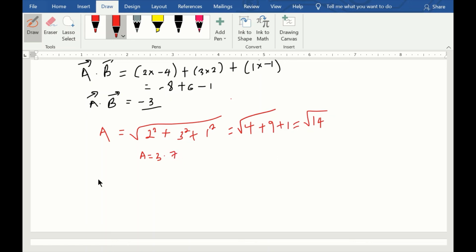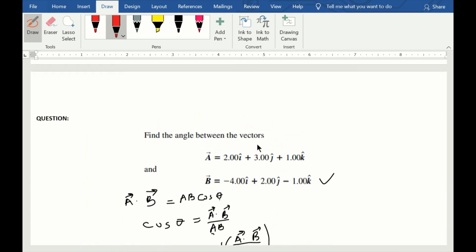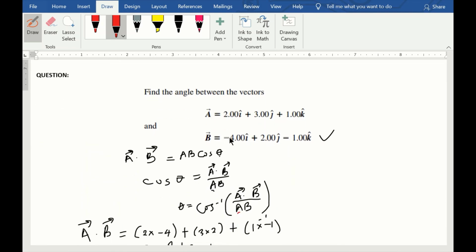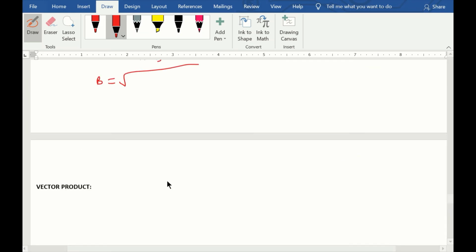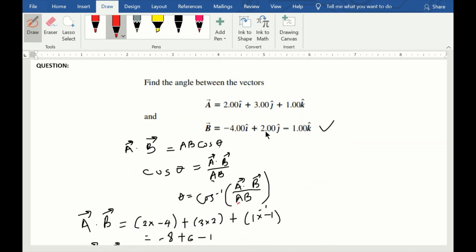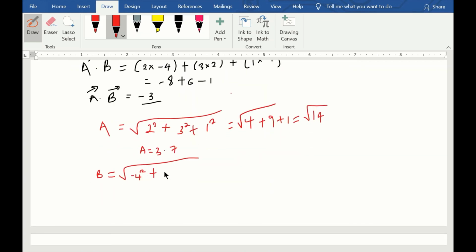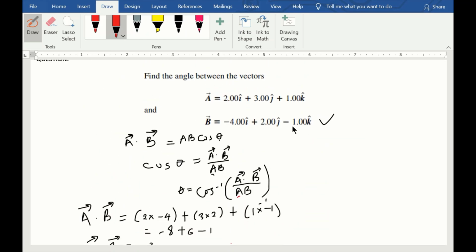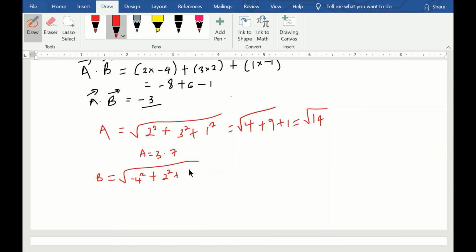The same thing we do for B. The magnitude of B is the square root of minus 4 squared plus 2 squared plus negative 1 squared.